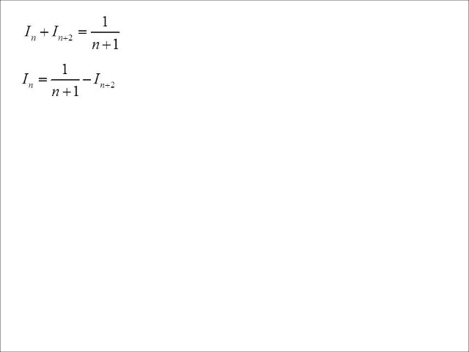But remember we just said I_n is always positive? That means I_(n+2) is always positive. Well, if I_(n+2) is always positive, I'm never going to get more than 1 on n plus 1. So I_n must always be less than or equal to 1 on n plus 1, because we've just said that I_(n+2) is always going to be positive.